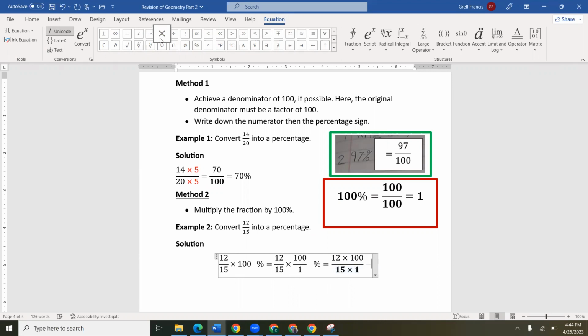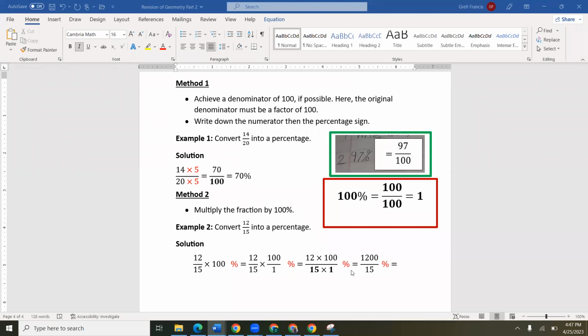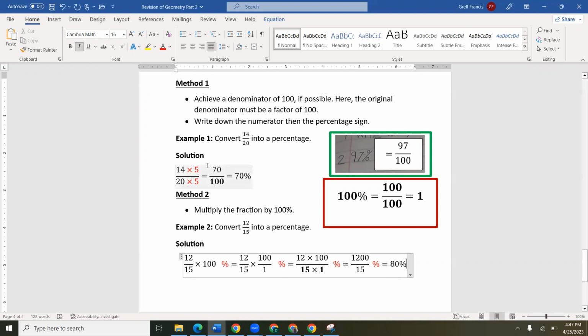And 12 times 100 will be 1,200 divided by 15. So let us divide 1,200 by 15. Please do that. So therefore, we have to divide 1,200 by 15. That will be 80%. So that's method 2. You simply multiply by 100%.